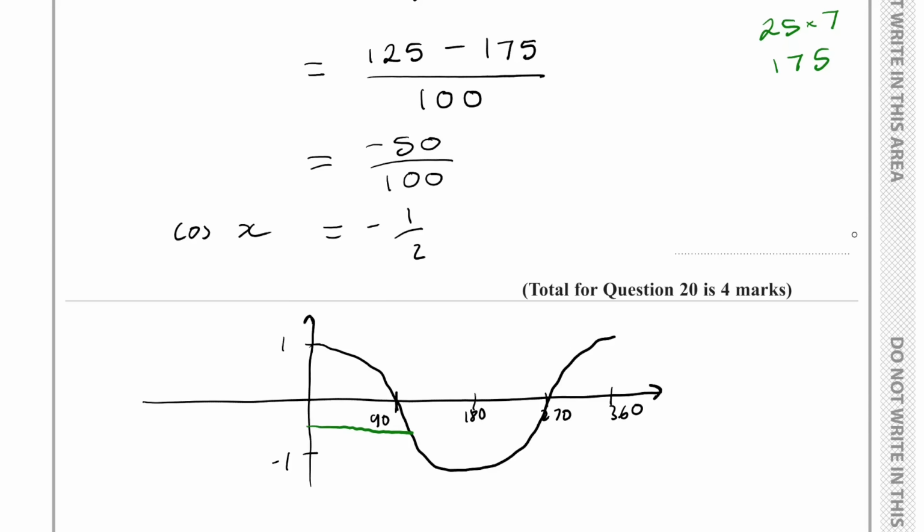That's going to be down here. And that is going to be the same as when it's equal to a half. The cos graph is equal to 1/2 at 60 degrees. So that is 60 degrees, and it's going to be the same distance away from 90 here. So it's going to be 120 degrees. So cos 120 is going to be equal to minus a half.